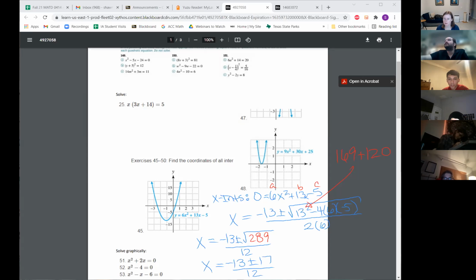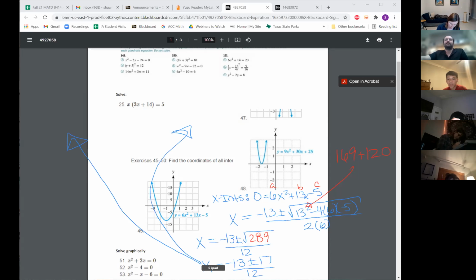Does that say negative 13? Yep, because it was negative b and our b was positive 13, so it becomes negative. So we're going to split it into our two answers, our plus and our minus. Going up here, since I'm running out of space.